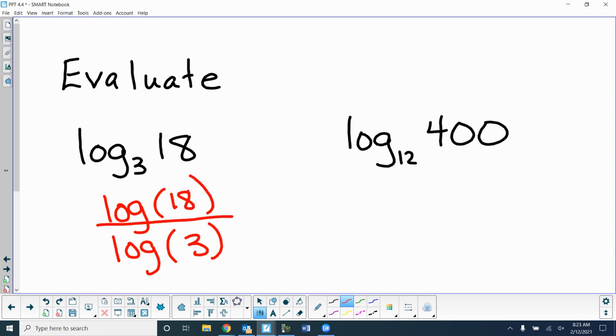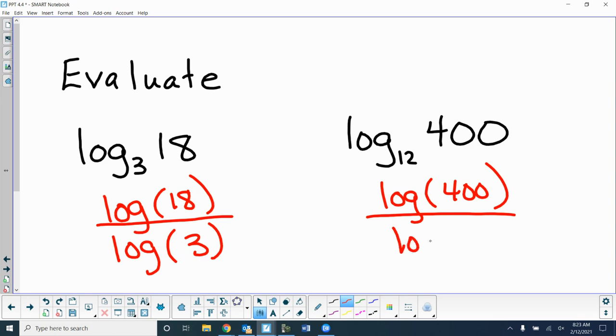All right? And then whatever that equals. Okay? What about this side, Jake? Log, and it's got 12 on the bottom. Yeah, on the bottom, so the 400 is on the top. Okay, so that's just calculator stuff. Okay? You have some of those.